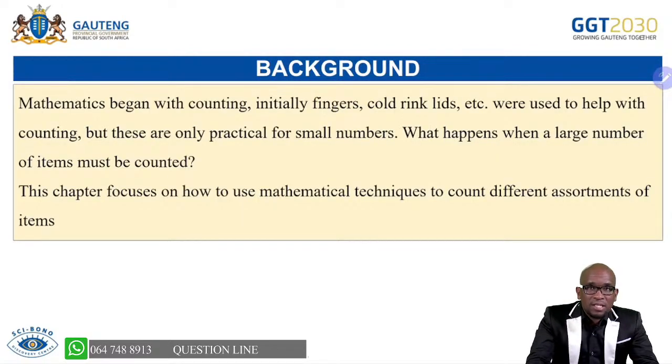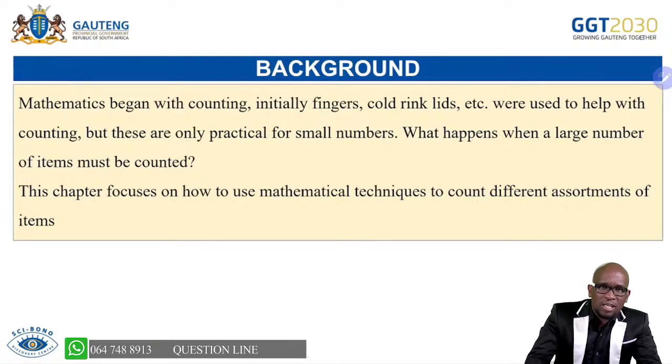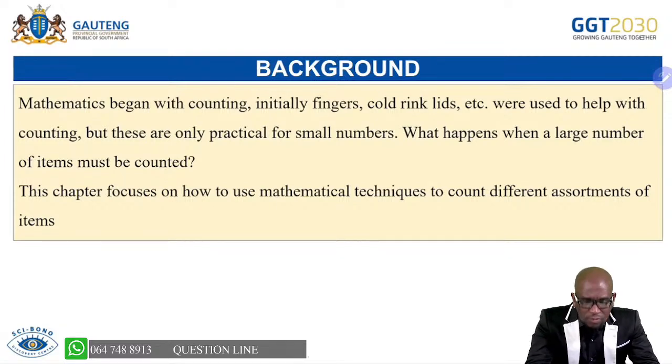Right, let's now begin with the background of the fundamental counting principle. We are going to take you back to where you began with your counting when you were still at preschool or at elementary primary school. Mathematics began with counting. Initially, we were using fingers to count 1, 2, 3, and so on.